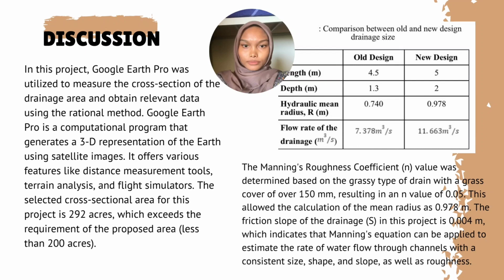This allows the conclusion of the mean radius as 0.978 meter. The friction slope of the drainage in this project is 0.004, which indicates that Manning's equation can be applied to estimate the rate of water flow through channels with a consistent size, shape, and slope as well as roughness.